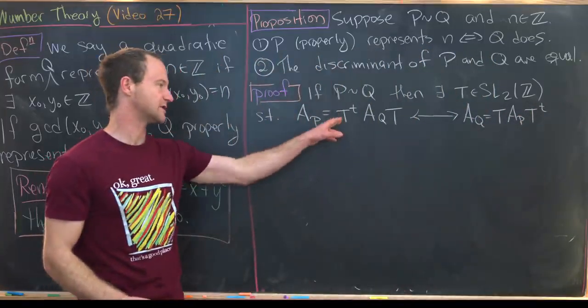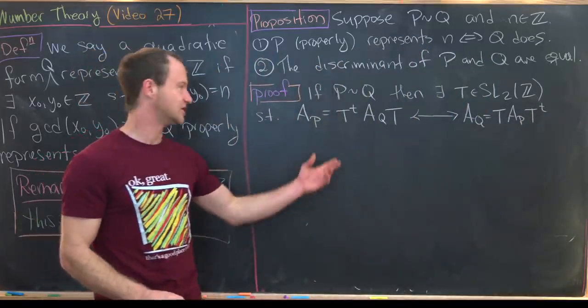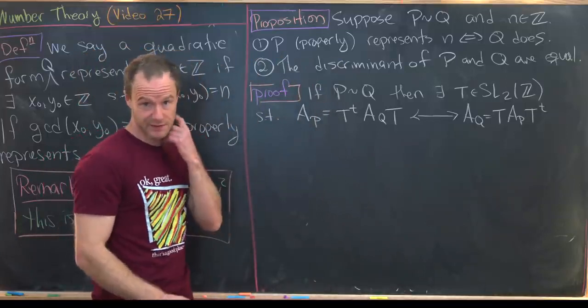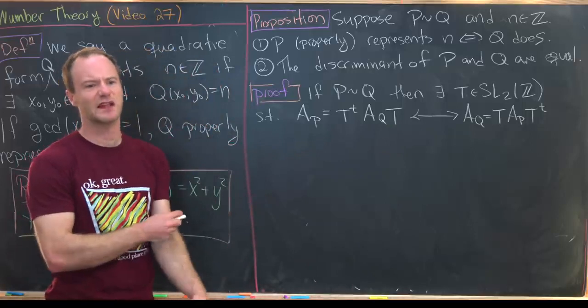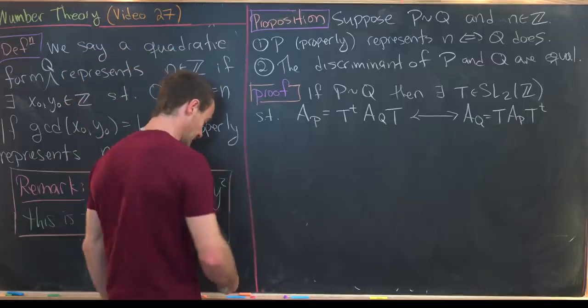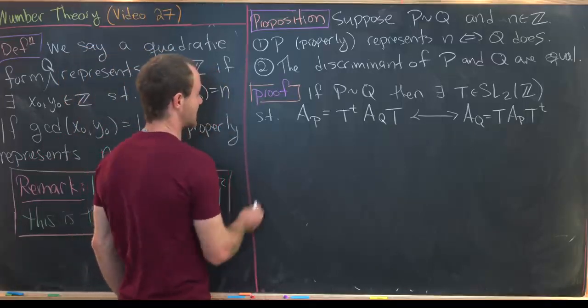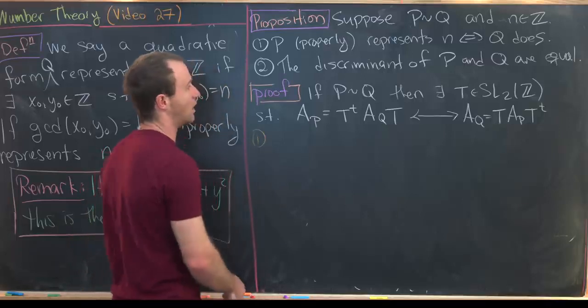Just by left multiplying by T, which is T transpose inverse, and right multiplying by T transpose, which is T inverse, like we had discussed before. Okay, so now we're ready to jump in to the proof of part one.